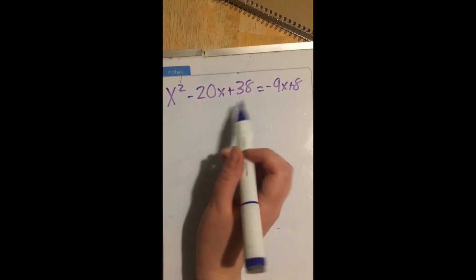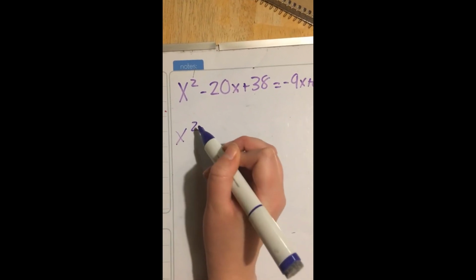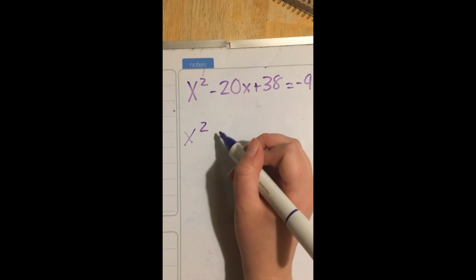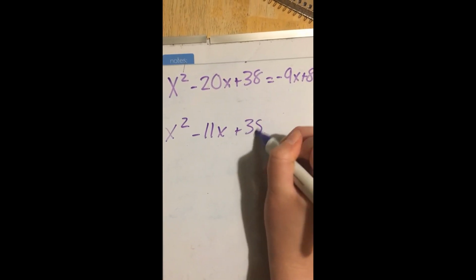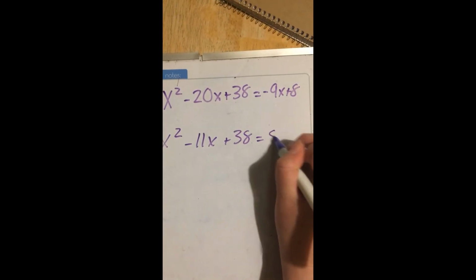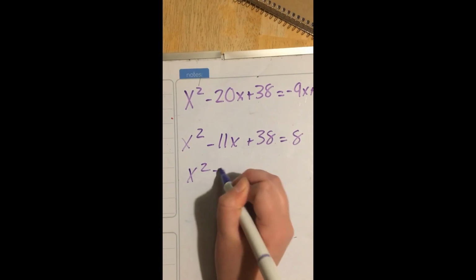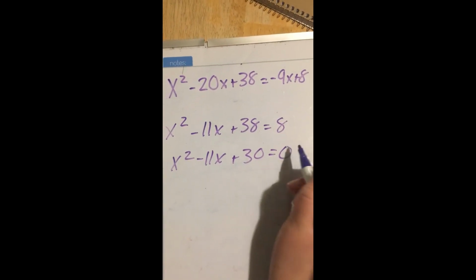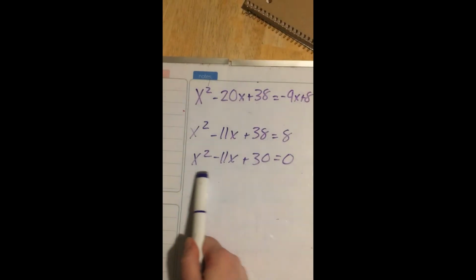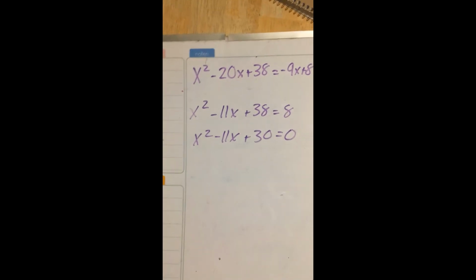First we add 9x to both sides, so that's going to be x squared minus 11x plus 38 equals 8. We subtract 8 from both sides, so that's x squared minus 11x plus 30 equals 0. That's already in standard form now, because it goes from greatest to least and equals 0.